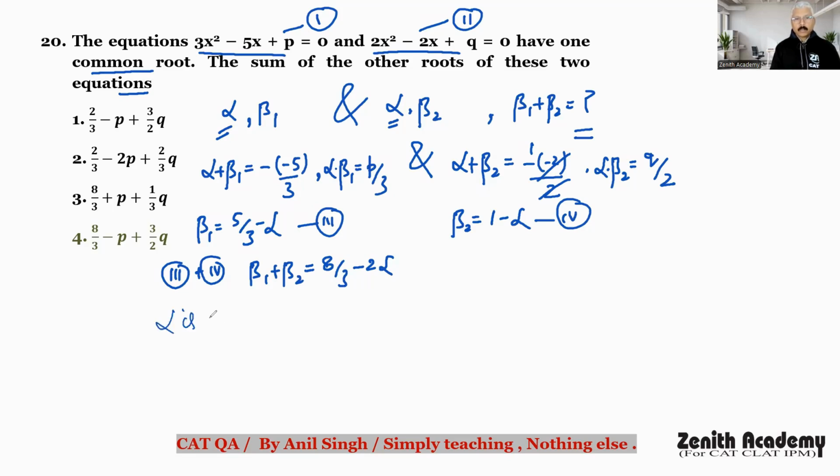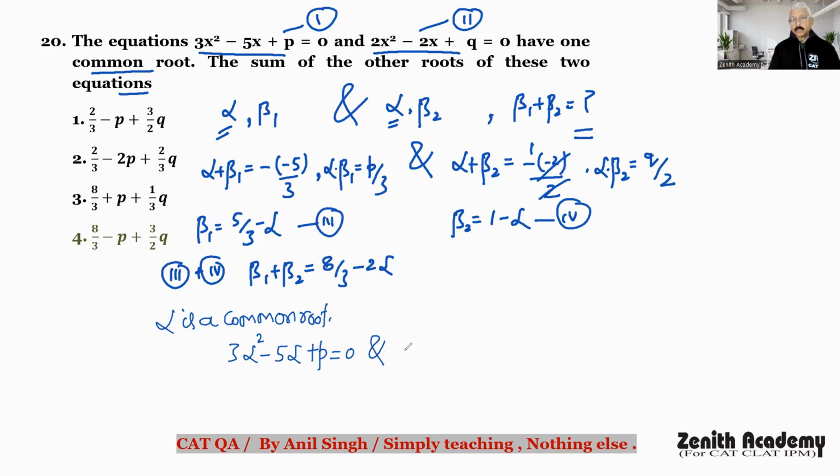So alpha will satisfy first: 3 alpha square minus 5 alpha plus p is equal to 0.